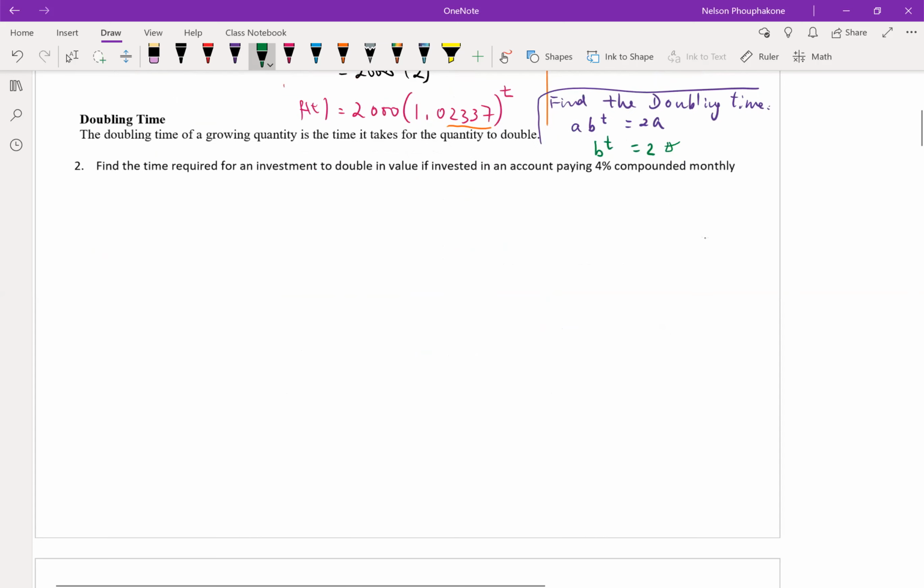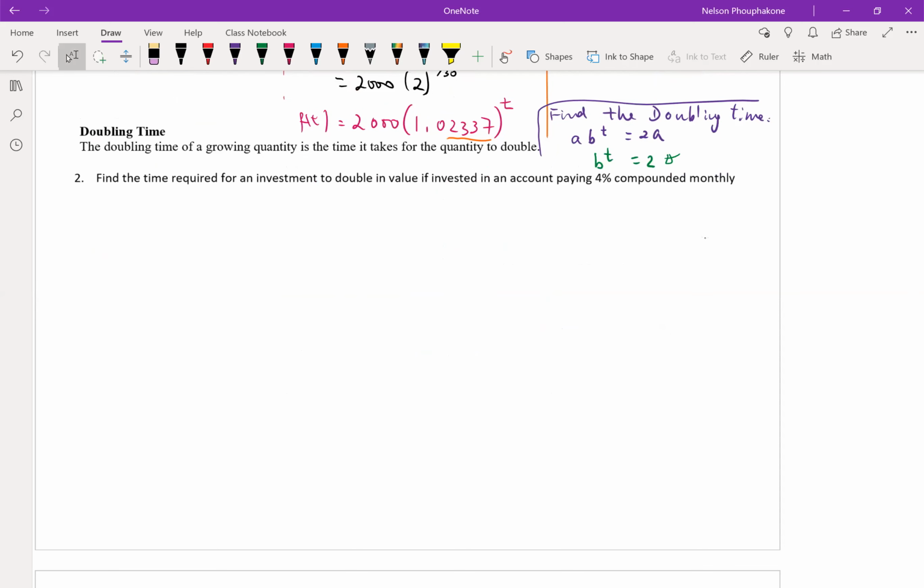Okay, so maybe let us do this problem now. I would like to find the time required for an investment to double in value if the investment is in an account paying 4% compounded monthly.